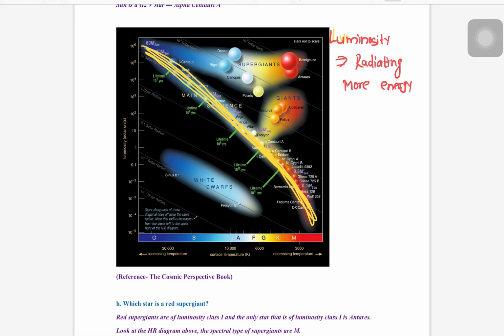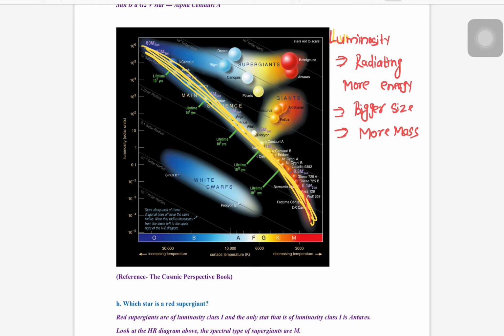And when can a star radiate more energy? A star can radiate more energy when it has a bigger size, or in other words, more mass. Bigger size means more mass here.